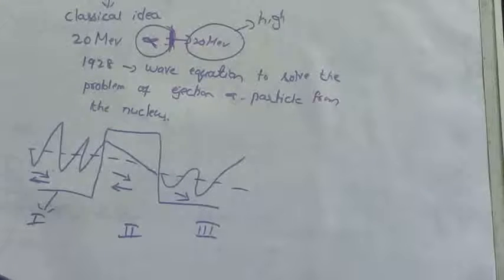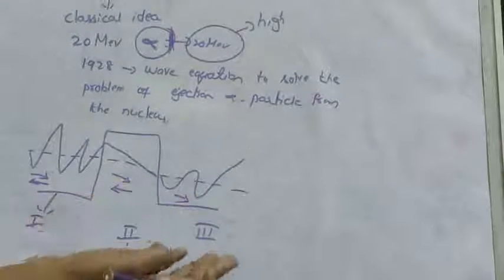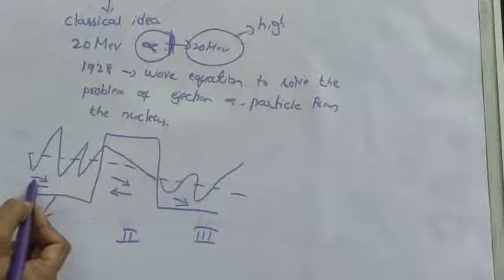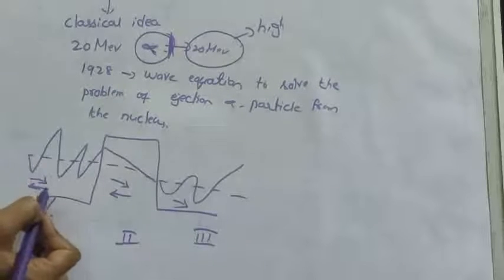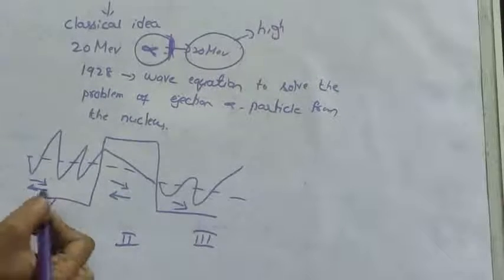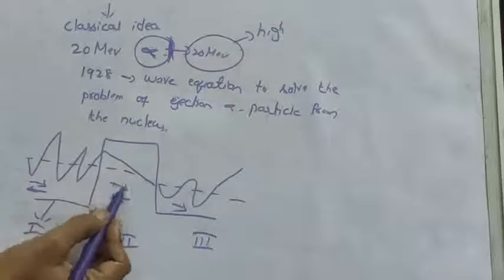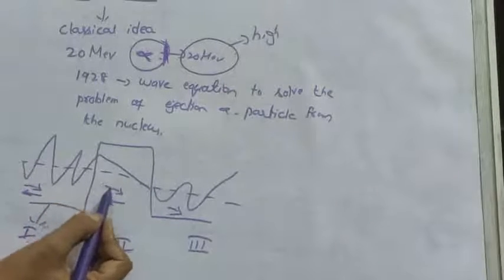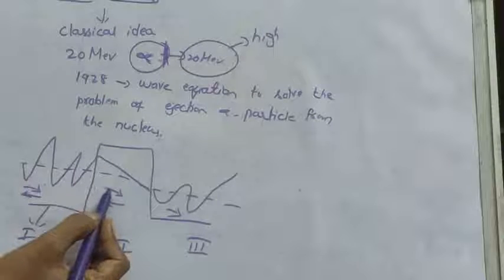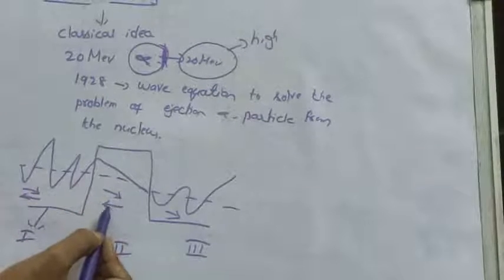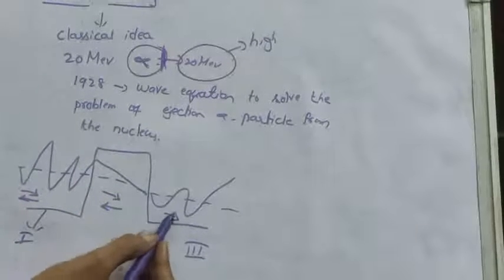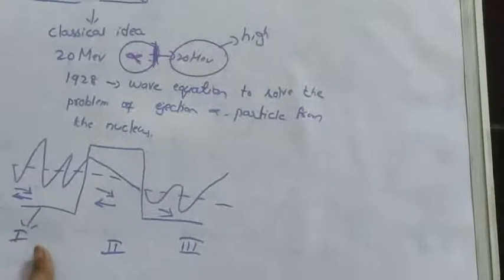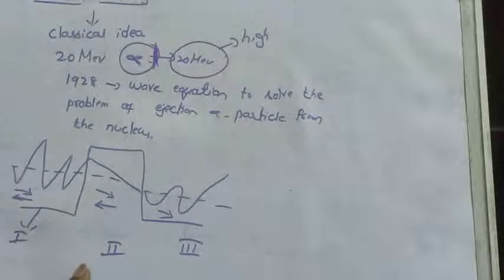There is no other region to reflect back. In the first region we consider the incident wave and reflected wave, and here the wave is entering into another region, so we call it the transmitted wave. Then again a reflected wave. Here, only a transmitted wave.